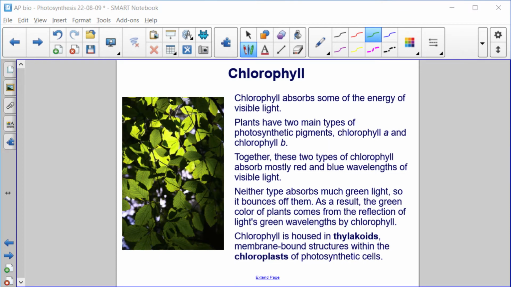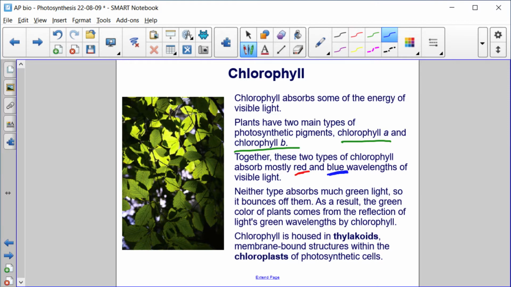Chlorophyll absorbs some of the energy of visible light. Plants have two main types of photosynthetic pigments, chlorophyll A and chlorophyll B. Together, these two types of chlorophyll absorb mostly red and blue wavelengths of light.